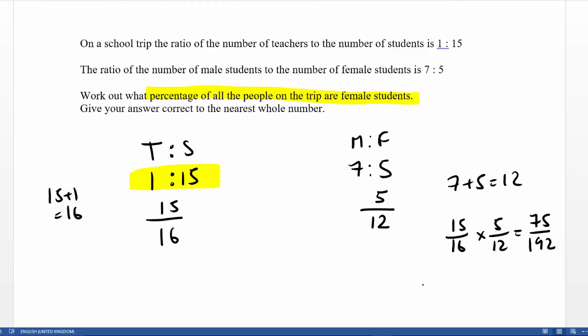So 75 divided by 192 gives me 25 over 64. Right? Now, they want it as a percentage though, don't they? So I need to multiply this answer by 100. Okay? And they want our answer to the nearest whole number. That's going to give me 39%.